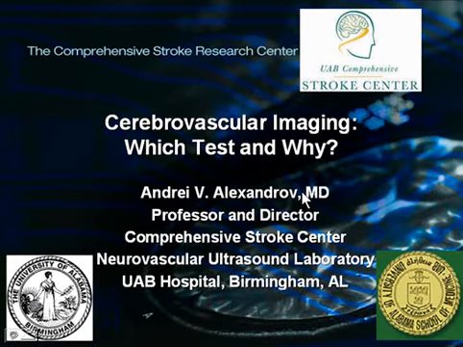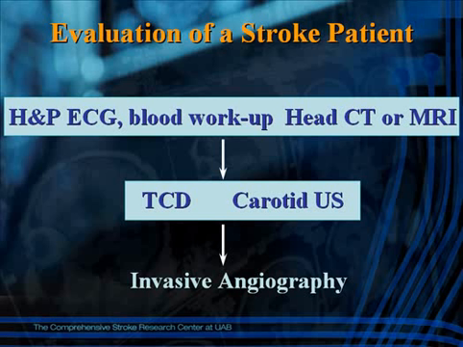In the next 30 minutes or so, I will review with you which vascular and cerebrovascular imaging tests are available when you evaluate stroke patients, which test to choose at what time, and what to expect.